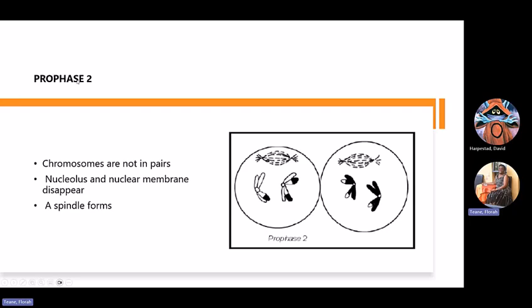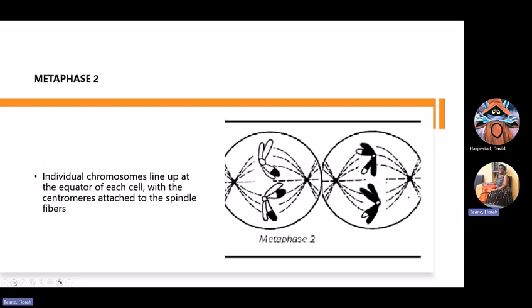Now, during prophase 2, we see the reappearance of the spindle fiber. The spindle fiber reappears, and the nuclear membrane and nucleolus are not here. Okay? This is the first division of the second meiotic division, which is called prophase 2.